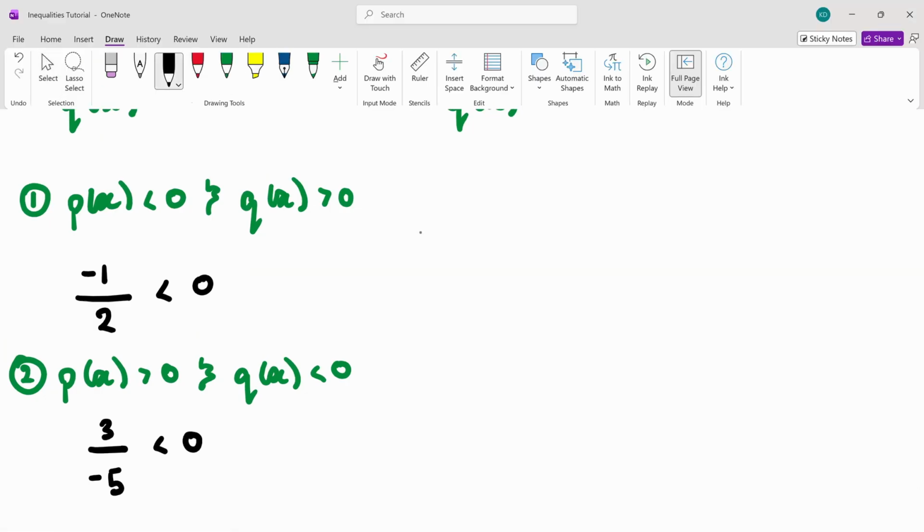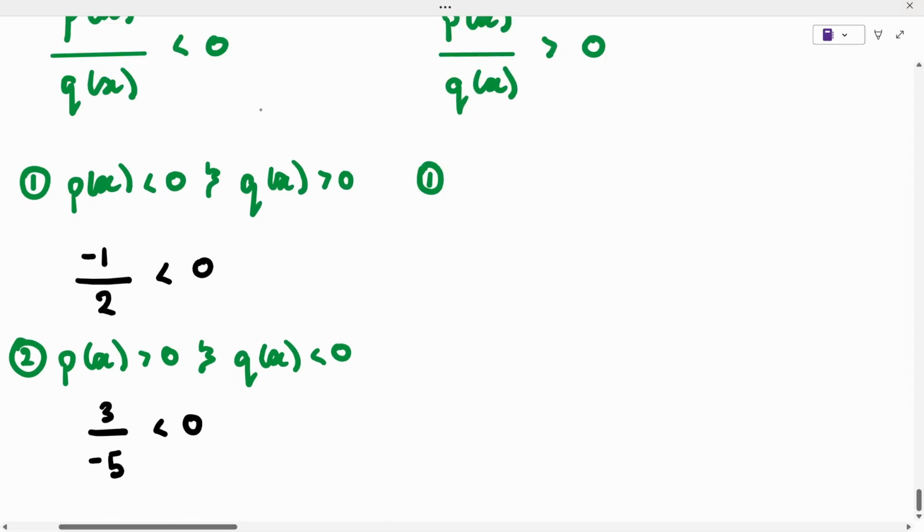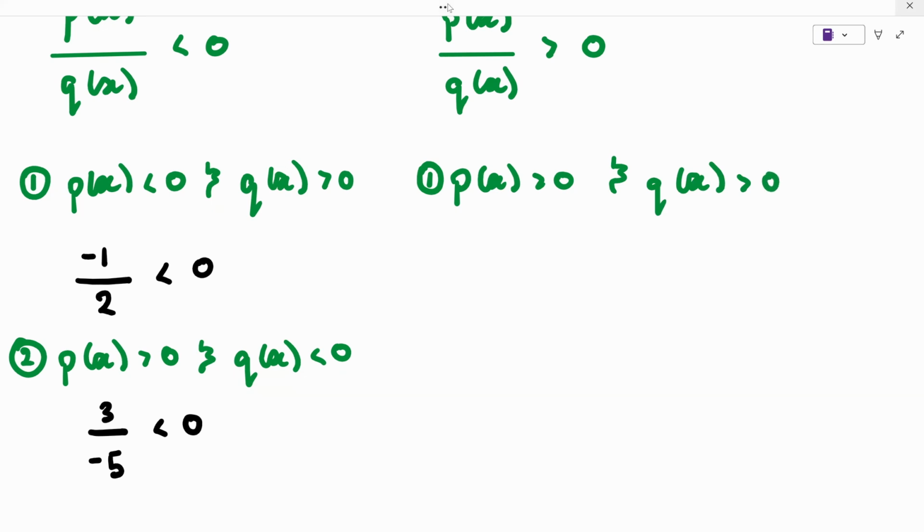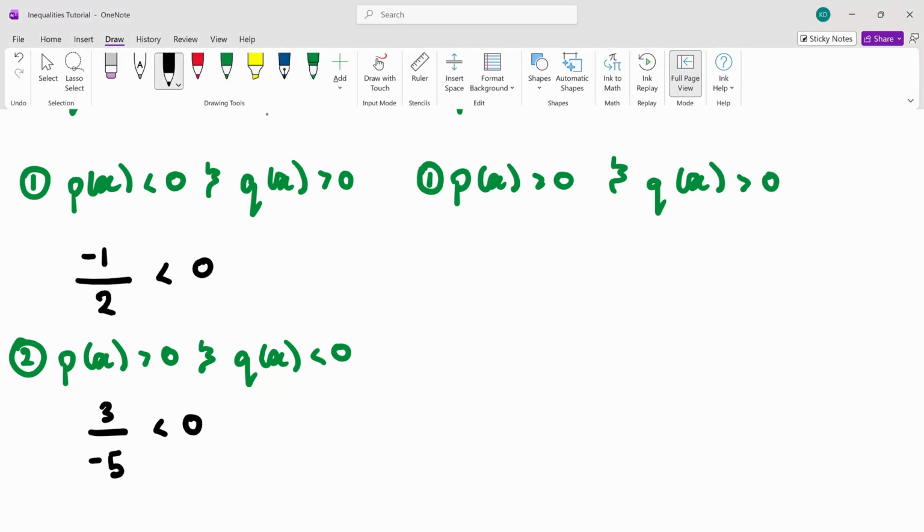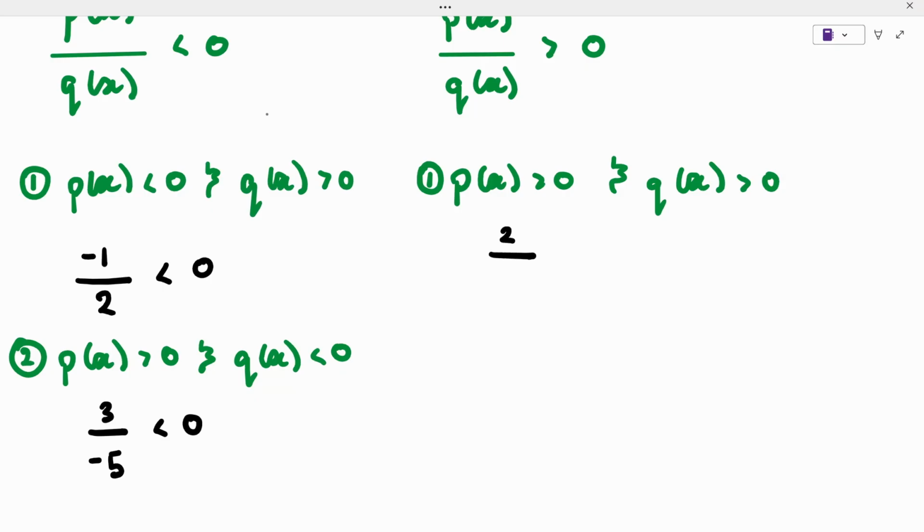Let's see now how the expression could be more than 0. So the first way is if p of x is greater than 0 and q of x is also greater than 0. Let's say we have 2 over 3. This is, of course, greater than 0.